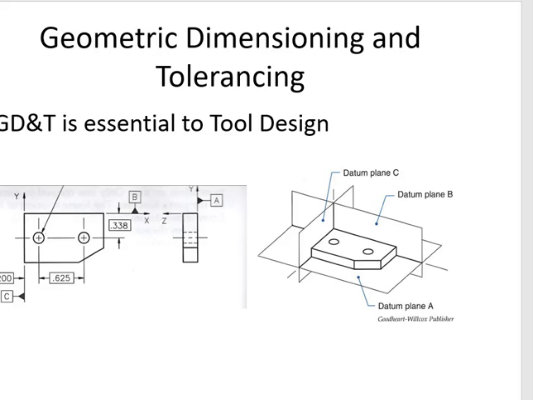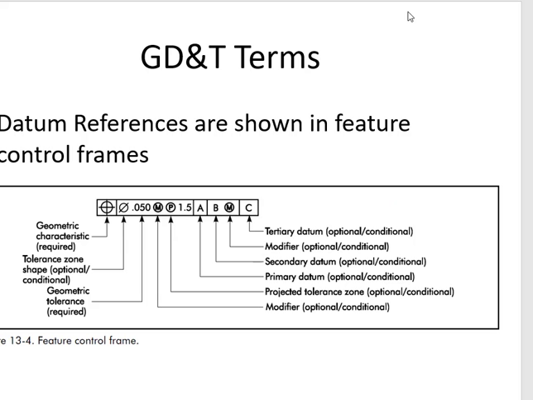This would be the other presentation in your materials. And this tells you how to define a feature control frame. This is the geometric characteristic. This is the shape of the tolerance zone.